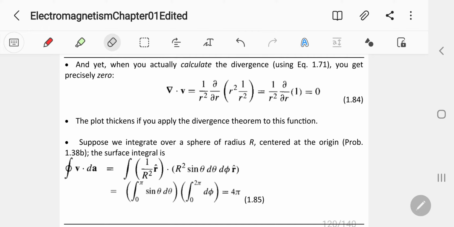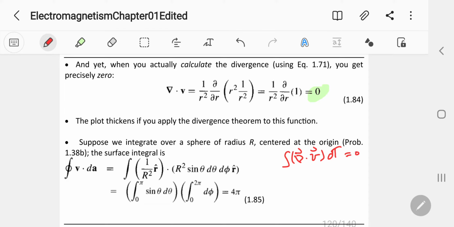When you calculate the divergence of v, you will actually get 0 here, and the integral of the divergence of v d tau, since this is 0, would also be 0.